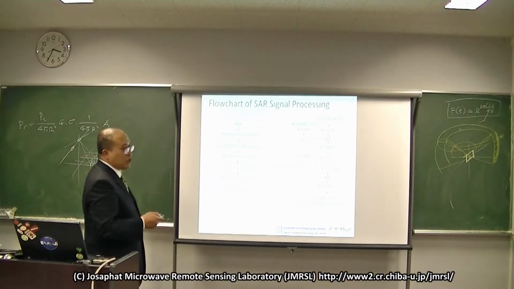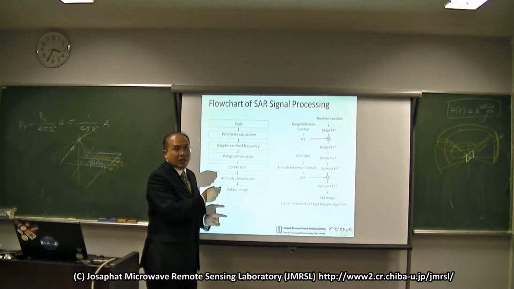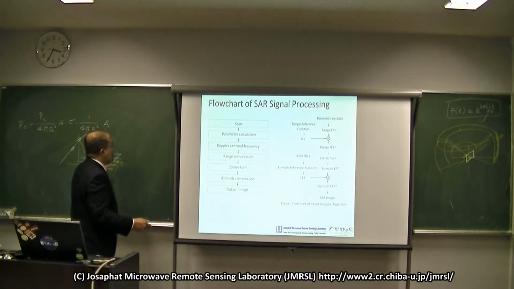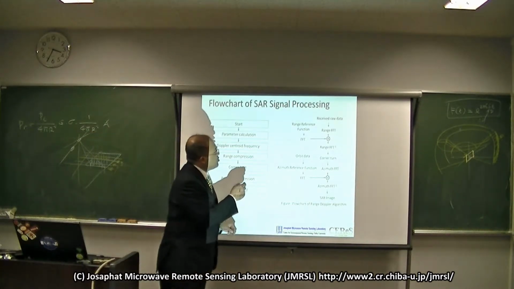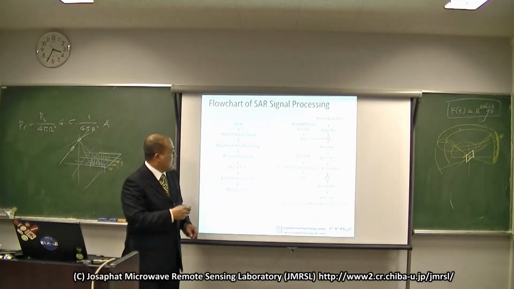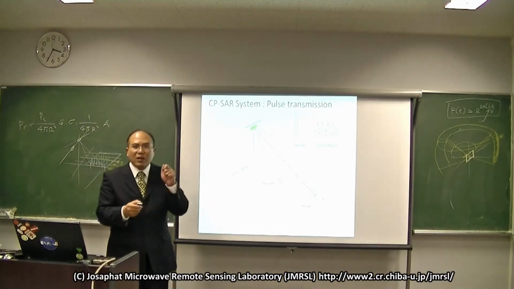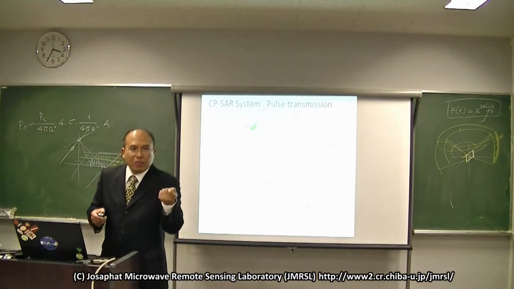And when we process, first we receive the raw data. Okay? From this raw data, we then use the range reference function. The range reference function is what kind of pulse we transmit.